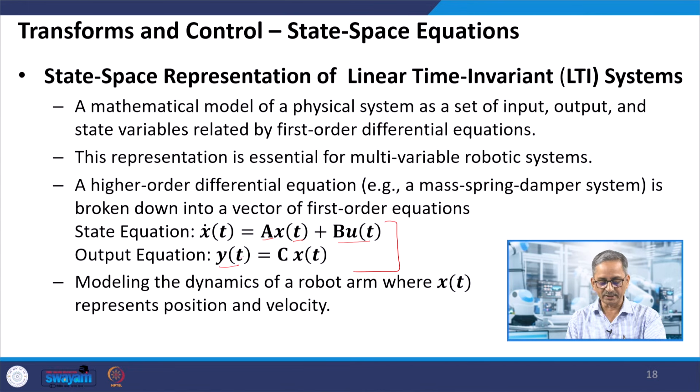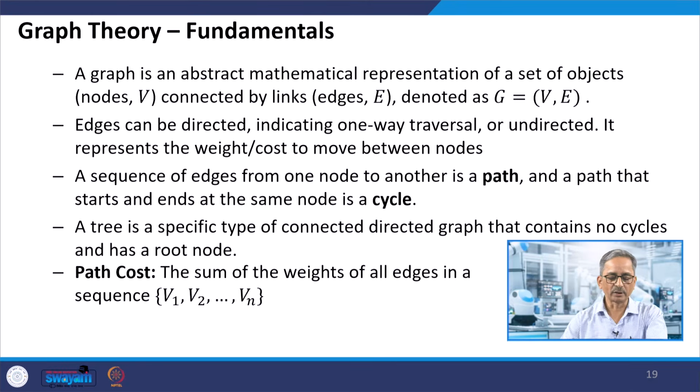The output equation y(t) is given by C times x(t). Here u(t) is the input. This way we break down the higher order differential equation into first order equations. This concept is used in the dynamics of a robot arm, where x(t) represents the position and velocity.